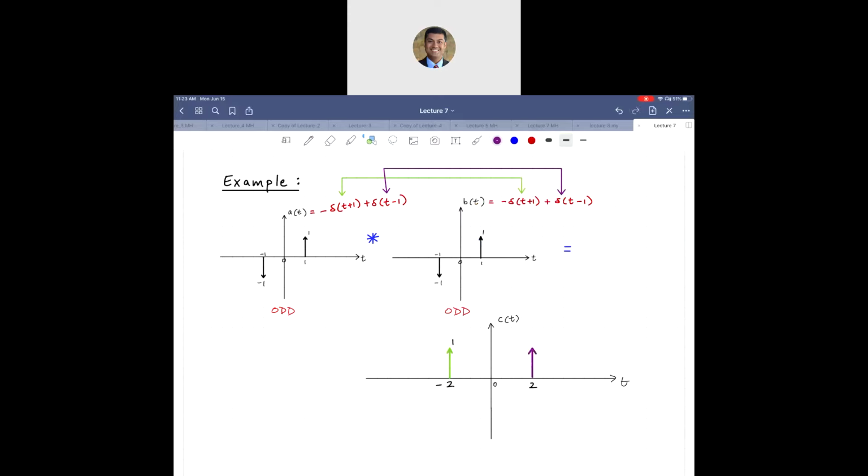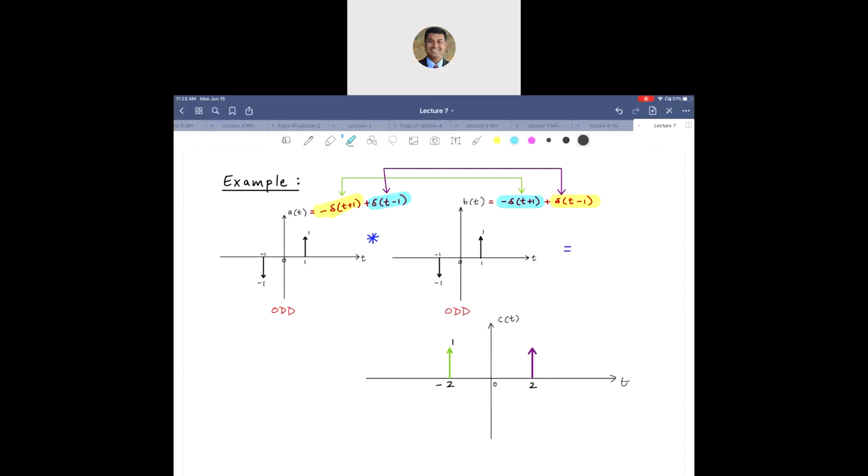Now there are going to be two cross product terms. Negative impulse with a positive one, so it is going to be this guy with this guy, and this guy with this guy. So for those, the amplitude is going to be -1, and the location is going to be 1 minus 1, so 0.